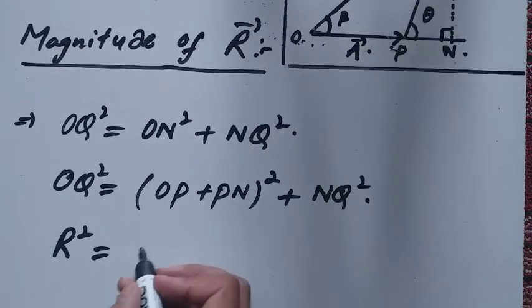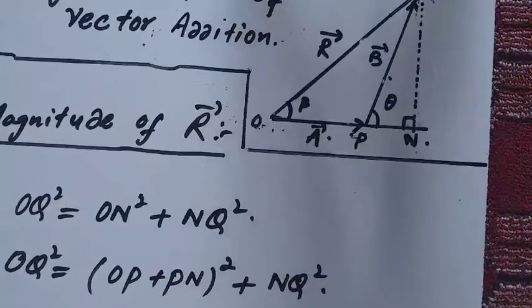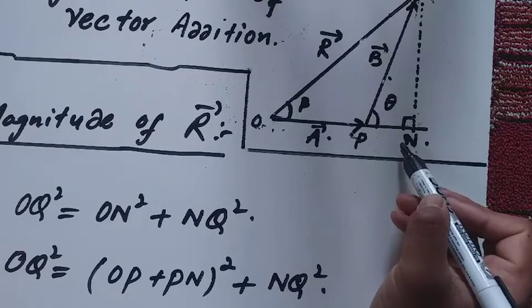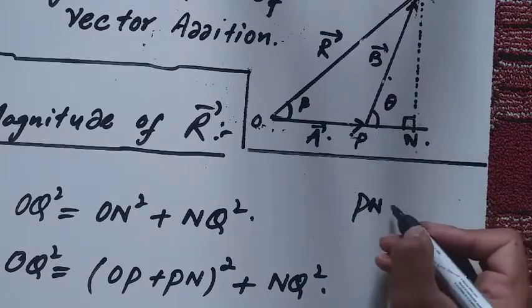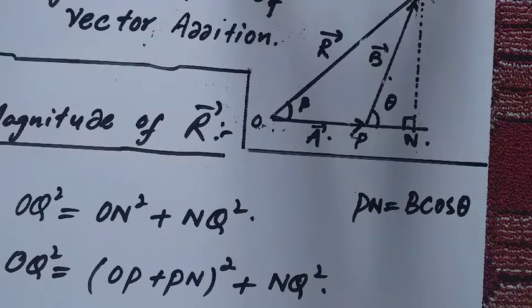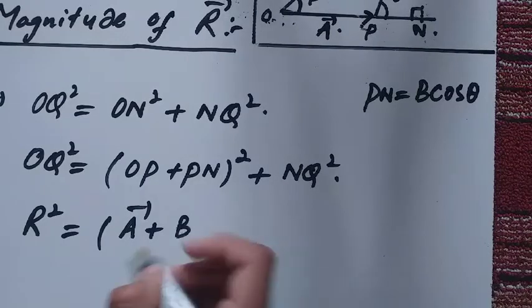I can write OP is equal to A vector plus this PN. This PN is equal to, because we know from the first equation, that PN is equal to B cos theta, if you remember the last equation. Now I can replace this by that.